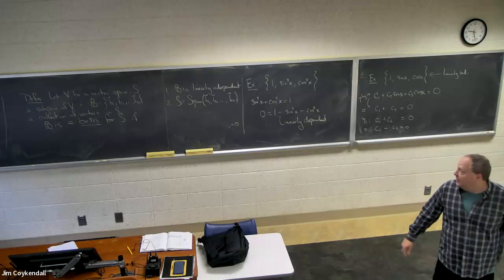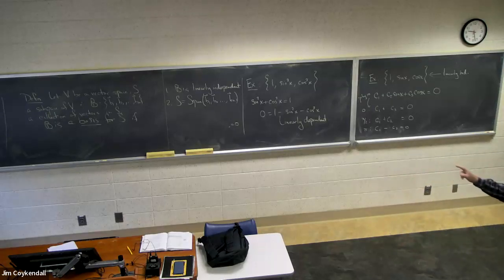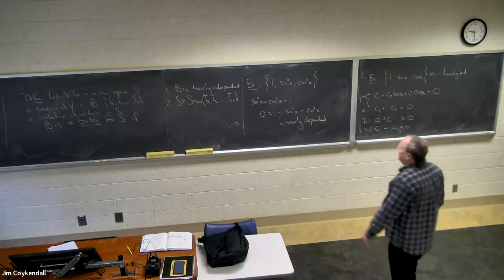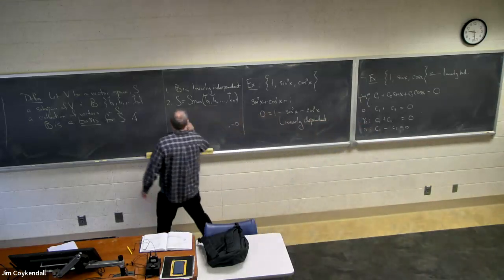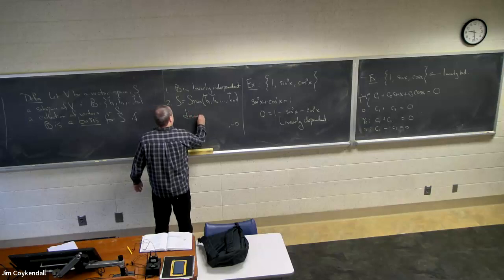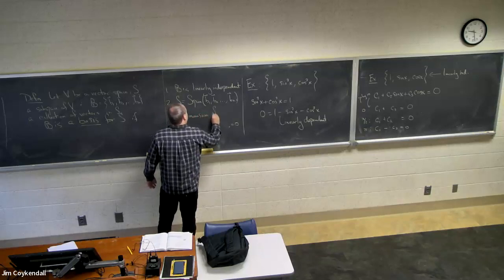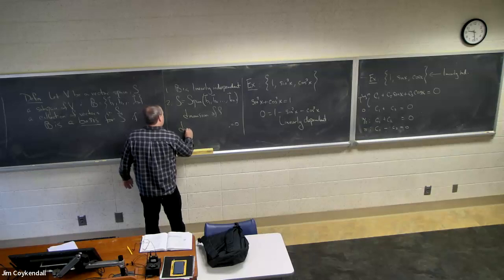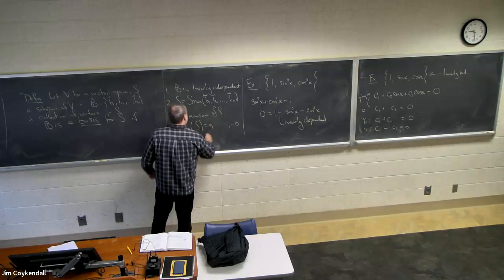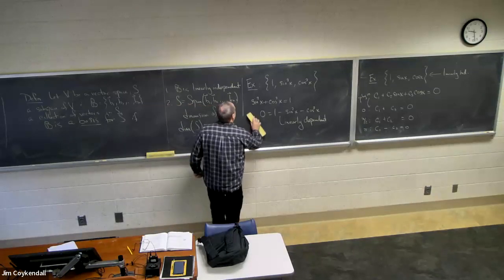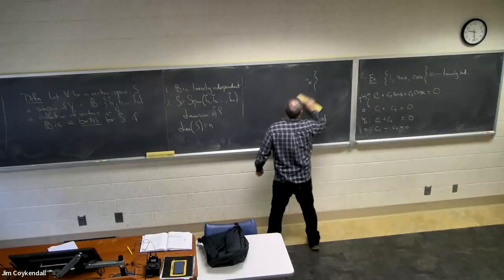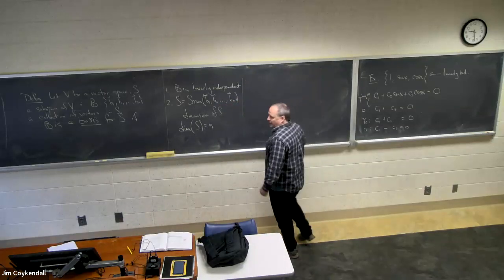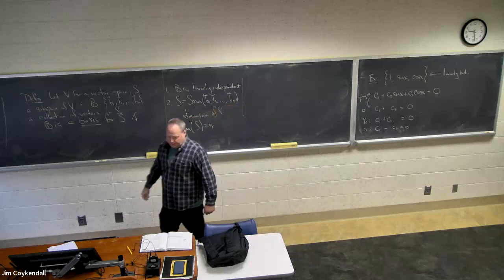What is true is if this subspace S has n vectors in its basis, then every basis will have exactly n vectors. We say that the dimension is n. That's the number of vectors in not just this basis, but any basis.